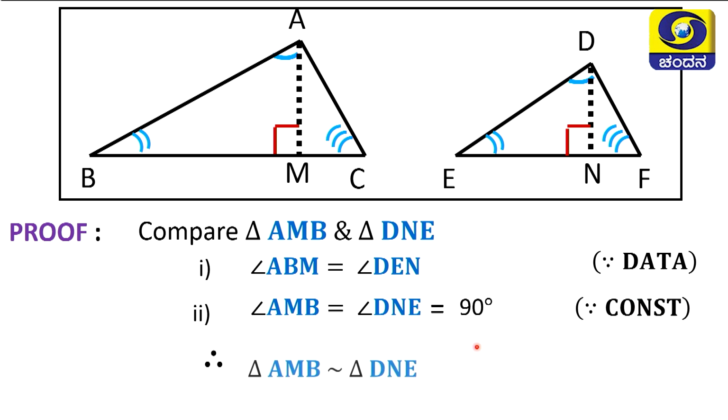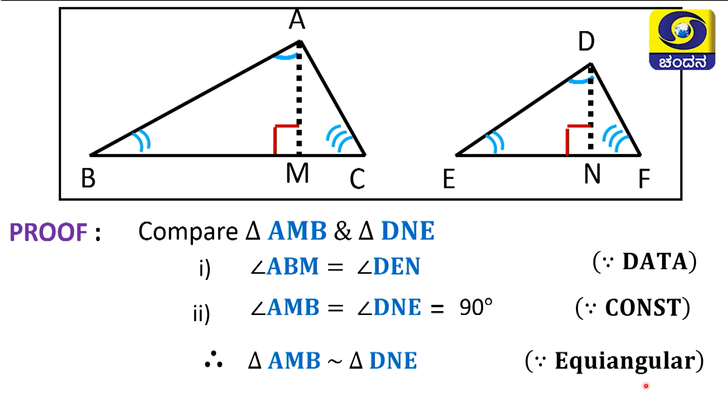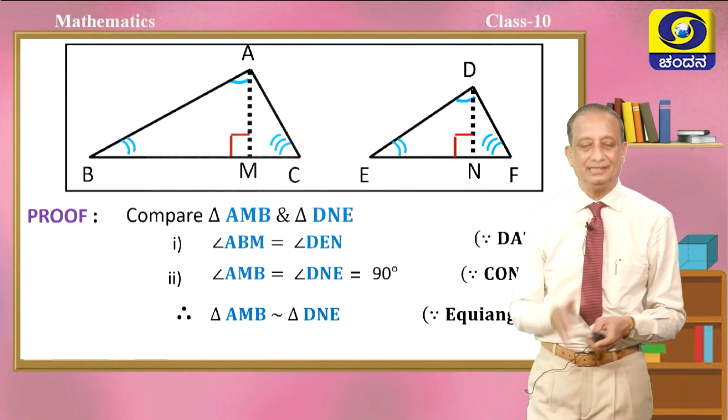Therefore we can say the right angle triangle AMB is similar to right angle triangle DNE because they are equiangular. So right angle triangle AMB and right angle triangle DNE are similar, which means that they have the same shape, but the areas are different.